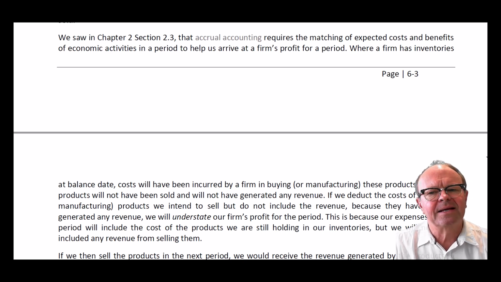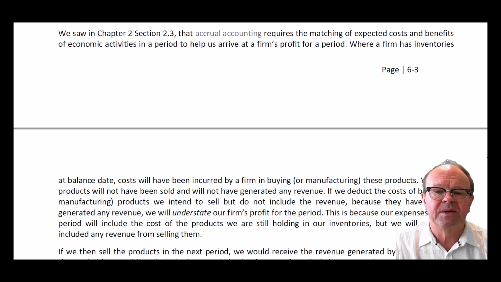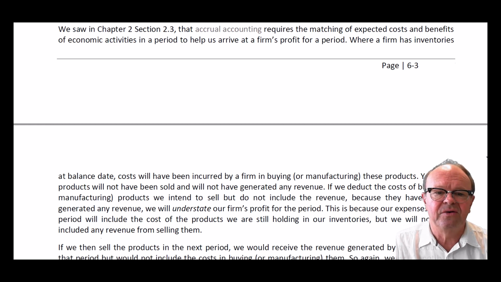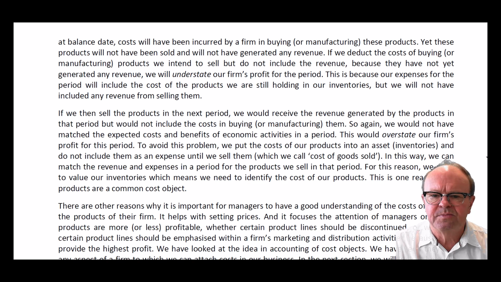If we deduct the costs of buying or manufacturing products we intend to sell but do not include the revenue because they have not yet generated any revenue, we will understate our firm's profit for the period. This is because our expenses for the period will include the cost of the products we are still holding in our inventories, but we will not have included any revenue from selling them.